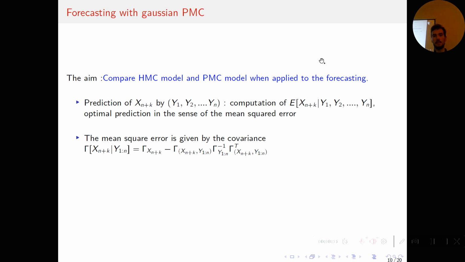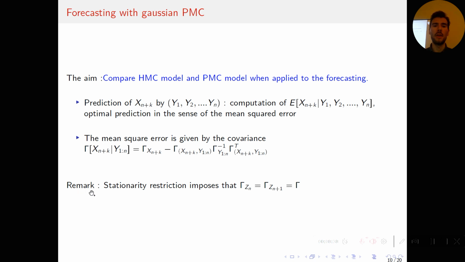By definition, it is the optimal prediction in the sense of mean squared error. And the second term is the mean squared error used to evaluate our models, and it is given by the covariances of the conditional law, which is a classic formulation for a Gaussian process.